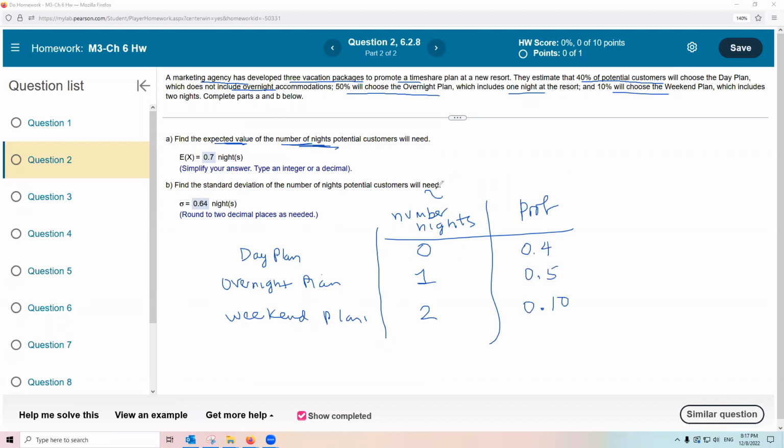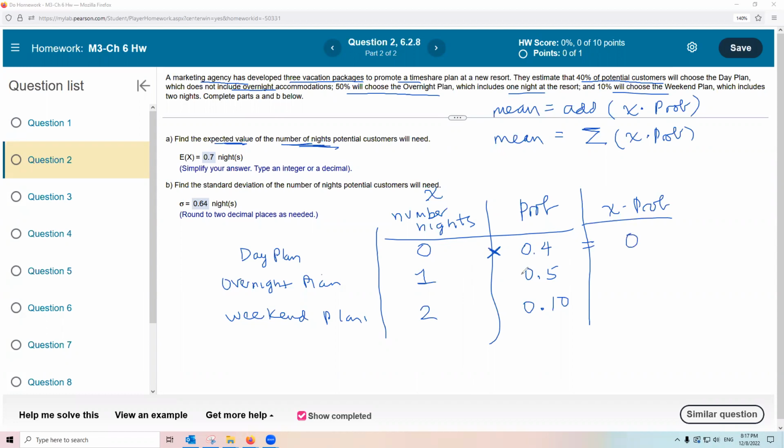I'm going to think of number of nights as x, the value of the random variable. So let's go ahead and calculate the mean. You add up the multiplications of x times its probability. By the way, we usually use the Greek letter sigma to indicate add up. So we're going to add up x times its probability. Let me make a new column here. I'm going to take the number of nights times the probability.